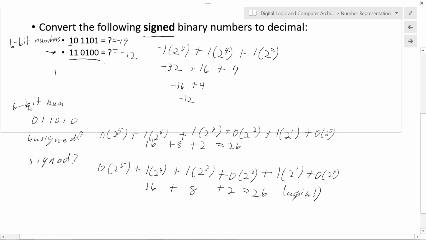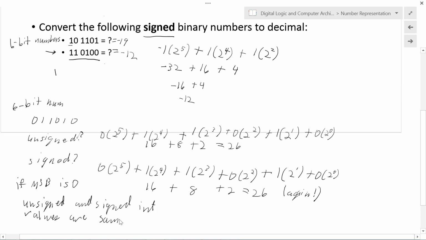So if the most significant bit is 0, if MSB is 0, unsigned and signed int values are the same and positive.